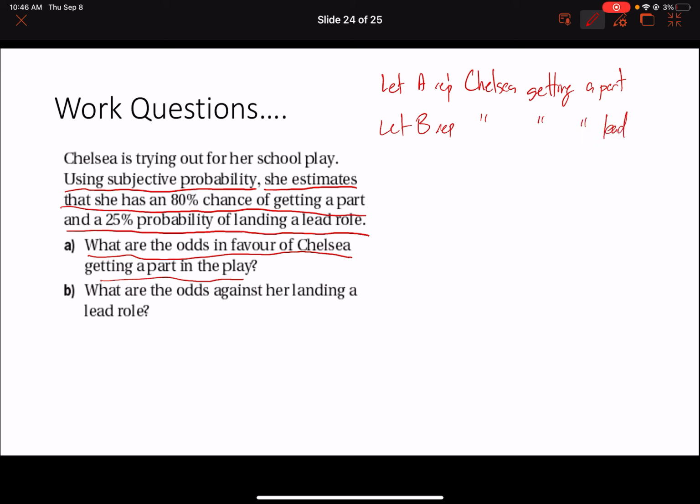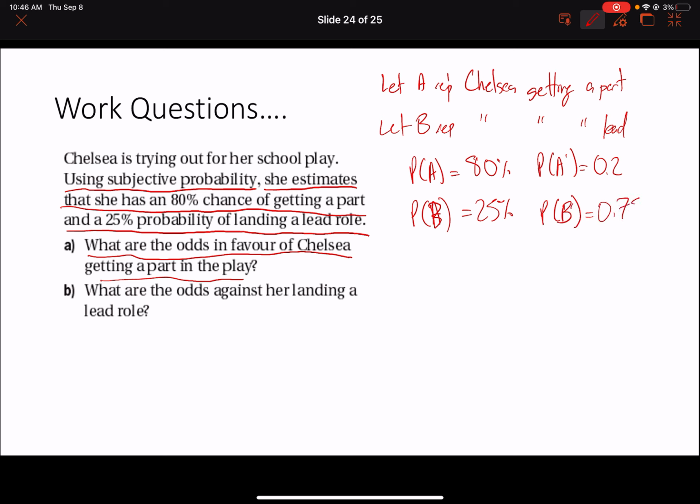Okay, so she estimates that she has an 80% chance of getting a part. So probability of A is equal to 80%. Probability of B is equal to 25%. So P of not A is 0.2. P of not B, because we're working with odds in favor and odds against, equals 0.75.